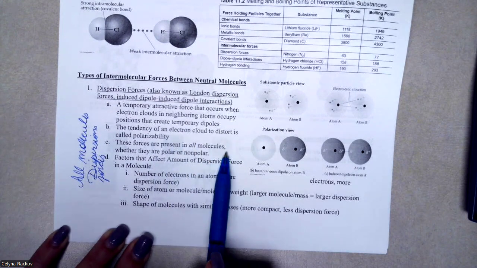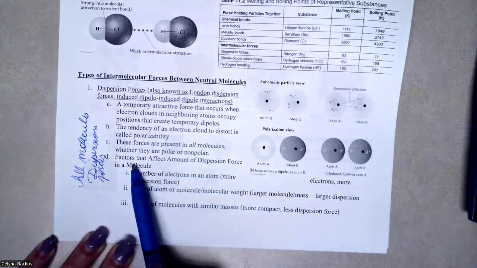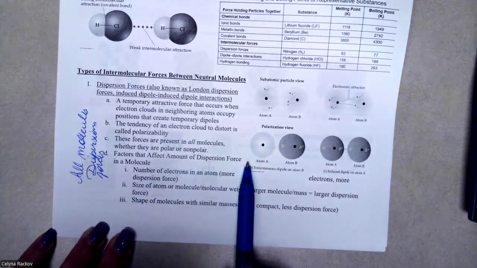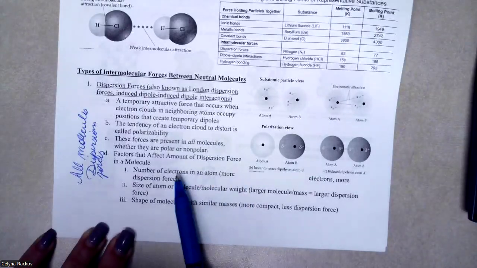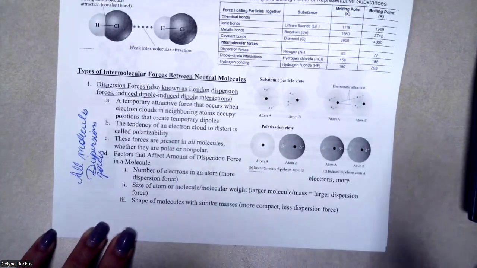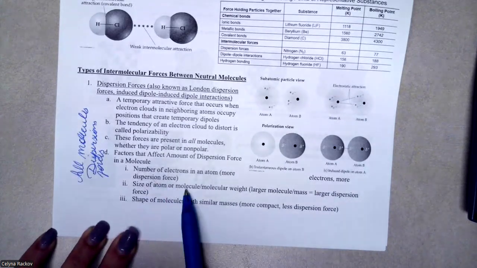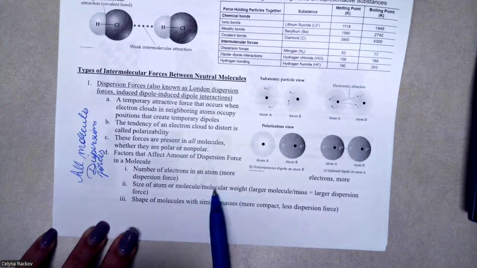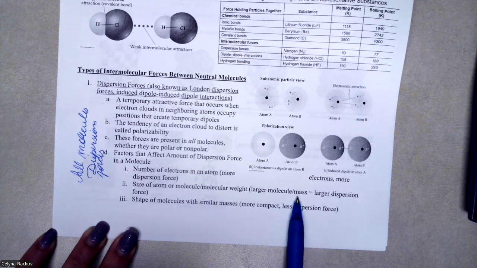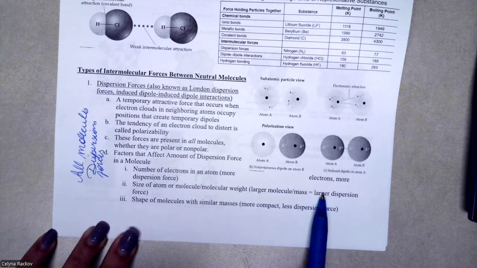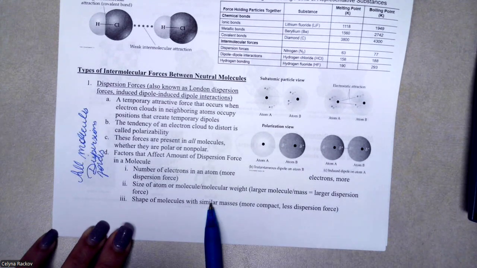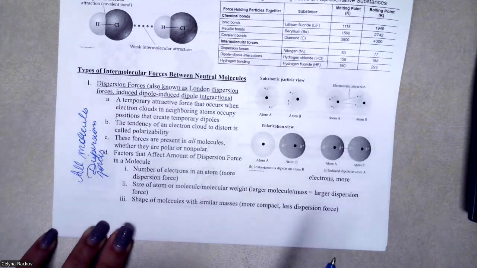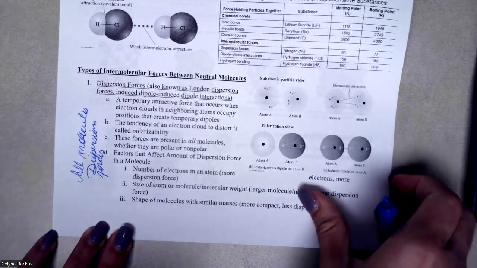The factors that affect the amount of dispersion forces in a molecule are the number of electrons, so more electrons means more dispersion forces, and the size of the atom or molecule: the larger the molecule or mass, the larger the dispersion forces. For molecules with similar masses, the more compact the shape, the weaker the dispersion forces.